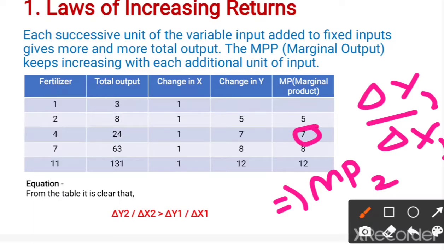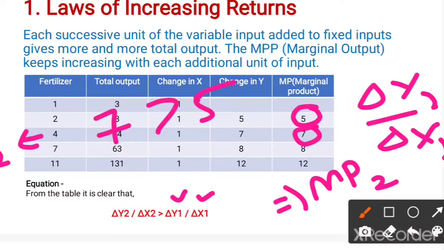Change in y1 divided by change in x1 is nothing but your marginal product with respect to the first unit. So here 7 is greater than 5. That's why delta y2 divided by delta x2 is greater than delta y1 divided by delta x1. That is the main meaning.